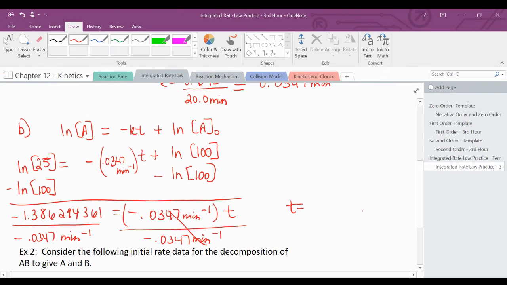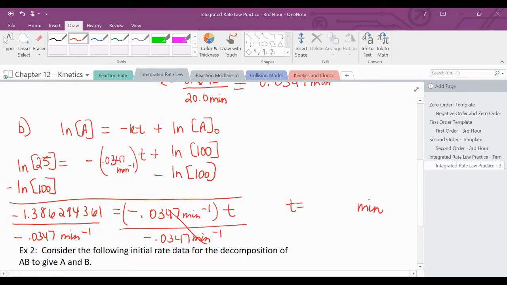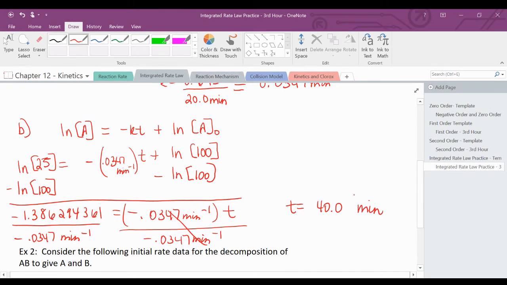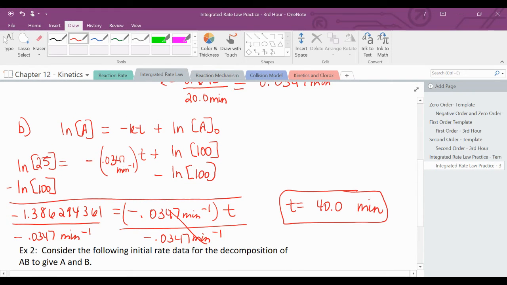Okay, so T is going to have units in minutes. And the only thing that really has measured values here is our rate constant. So that determines sig figs. There should be 3. And if I round to 3 sig figs, you should have an answer of 40 minutes. All right, so there's problem number 1.